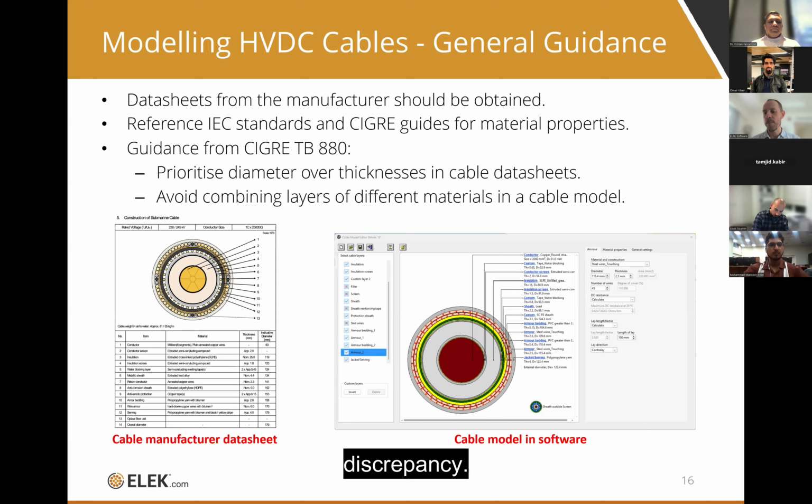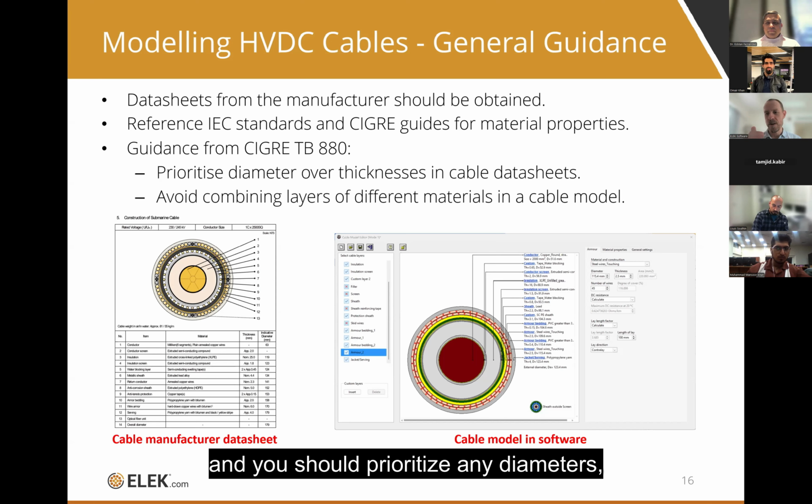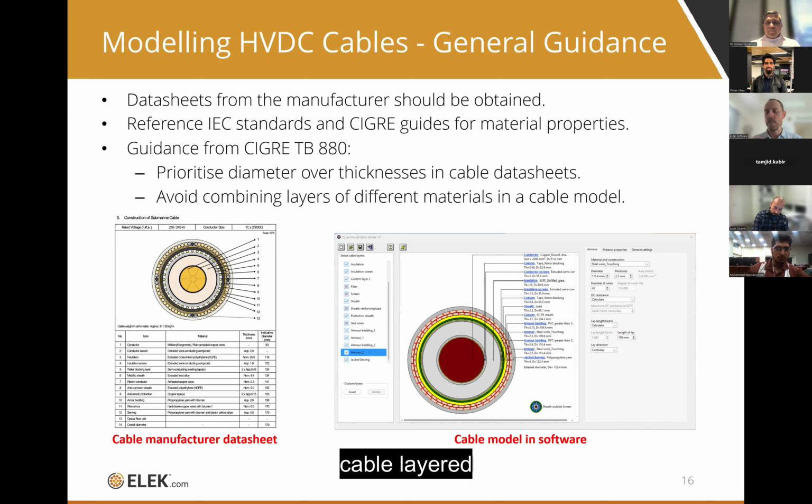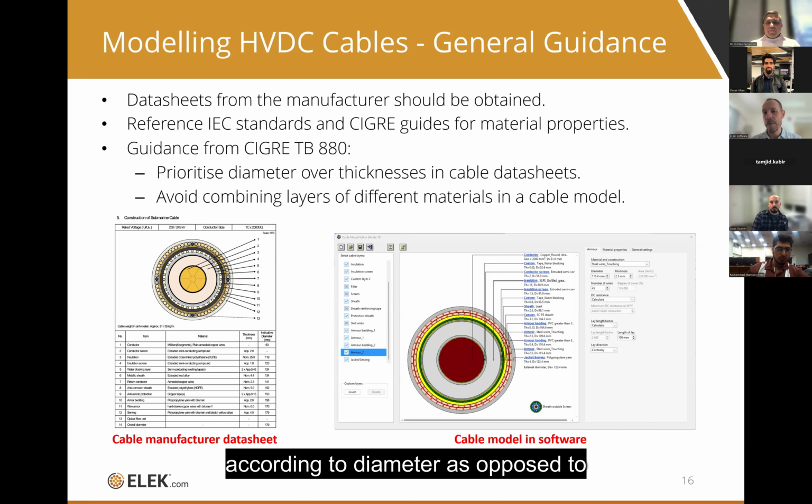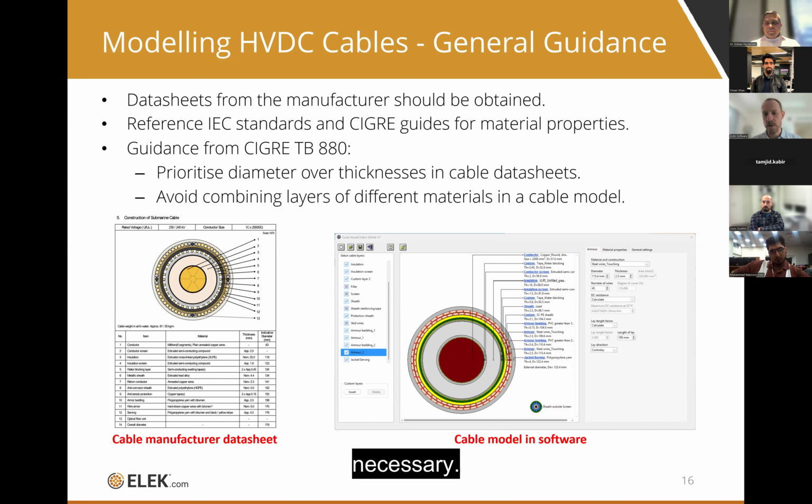What happens quite a lot with these data sheets is there are discrepancies between the dimensions, and you should prioritize diameters over thickness for the cable layer dimensions. Avoid combining layers. You should model all of the layers separately within your cable model, and we allow you to add custom layers if necessary.